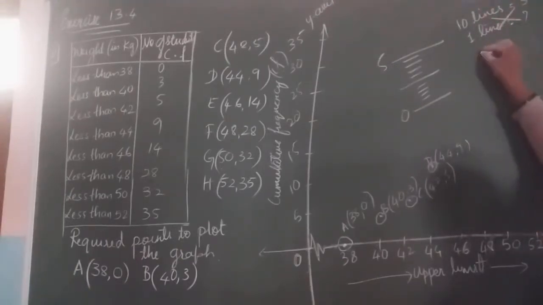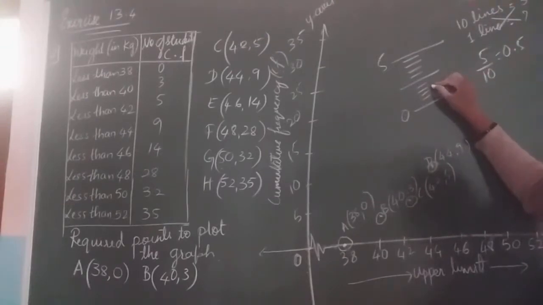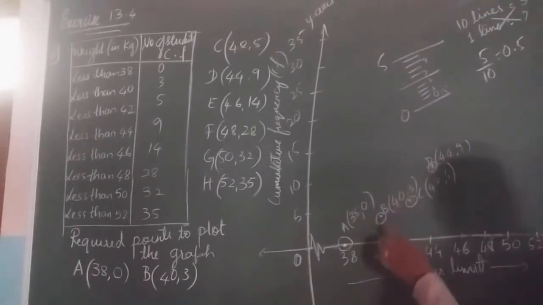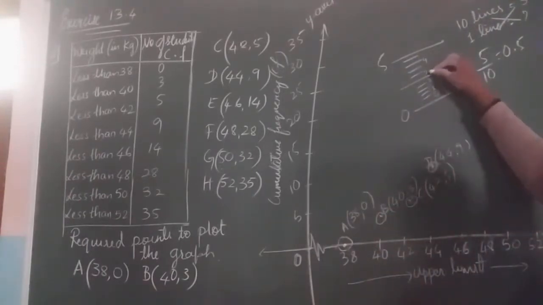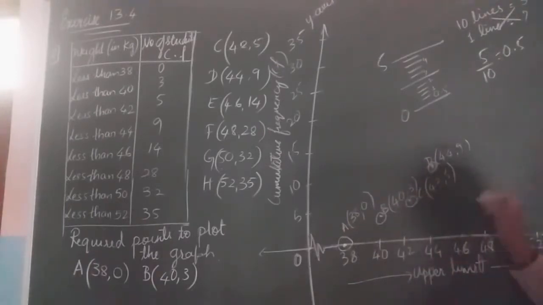Cross multiplication, it is 5 by 10, that is 0.5. 1 line is equal to 0.5. 0.5 plus 0.5 is 1. So for 2 lines it will be 1. Next 2, next 3, here 4, next 5. In the same way you can plot it here. 40 to 3 means after the 5th line, the 6th line will be 3. Like that you have to plot the point.